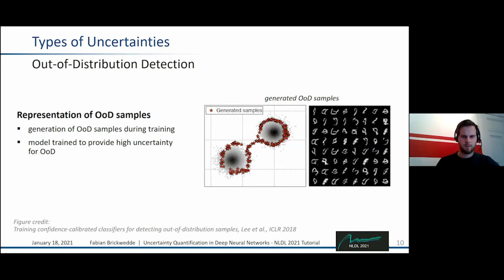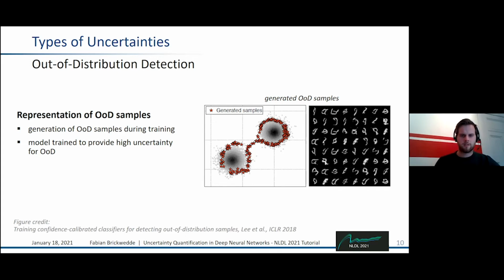And therefore, there are some approaches that try to generate samples that represent the out-of-distribution data. So if we would have such out-of-distribution samples during training, the network can then be trained to provide a high uncertainty for these samples or to directly detect the out-of-distribution samples.